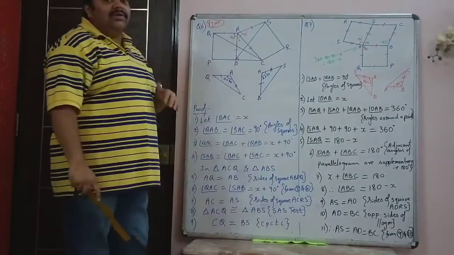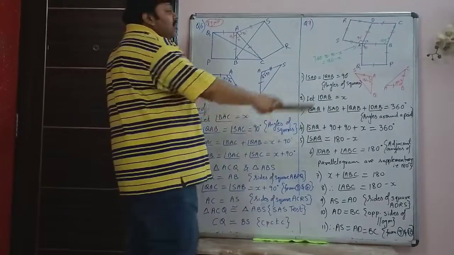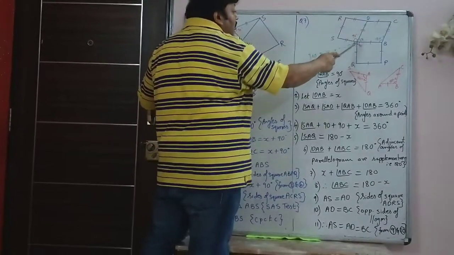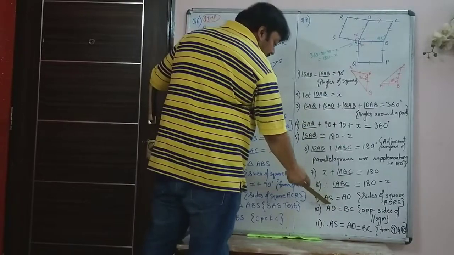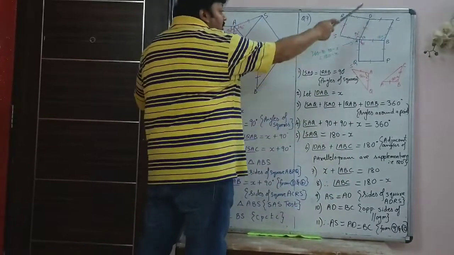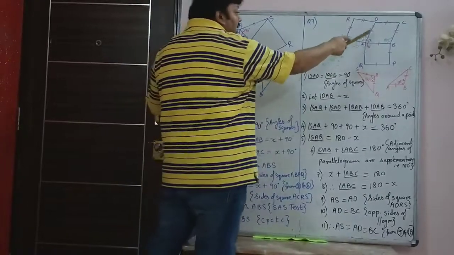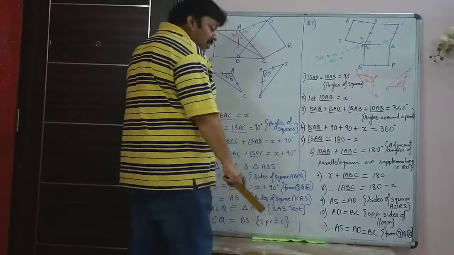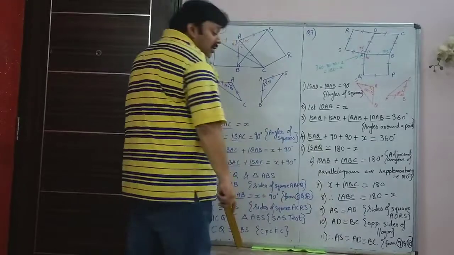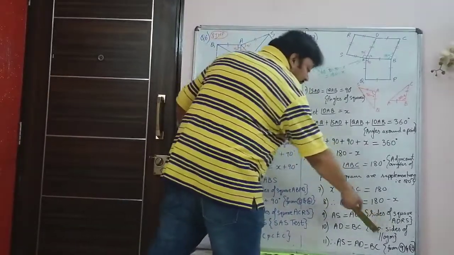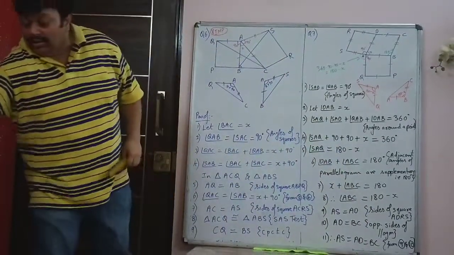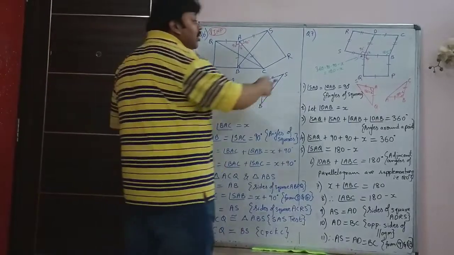But for that you have to write the steps and prove. First you write AS is equal to AD, sides of square ADRS. Then you write AD is equal to BC, opposite sides of a parallelogram.